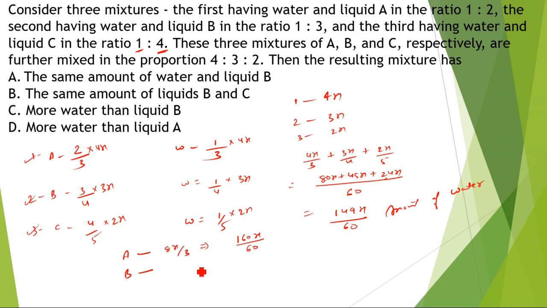Amount of liquid B is 9x by 4, making denominator as 60 by multiplying by 15. 15 times 9 is 135x by 60, and liquid C amount is 8x by 5, that implies multiplied by 12, 96x by 60.